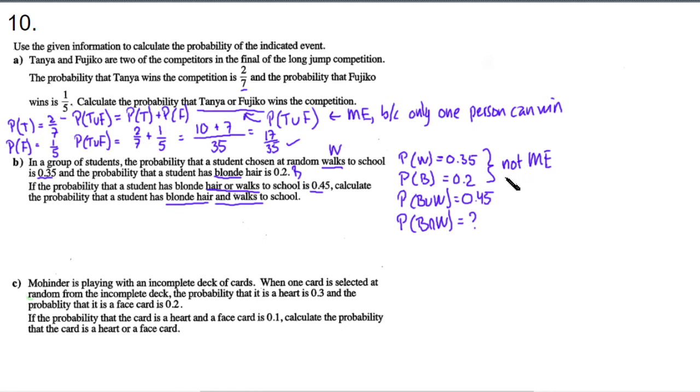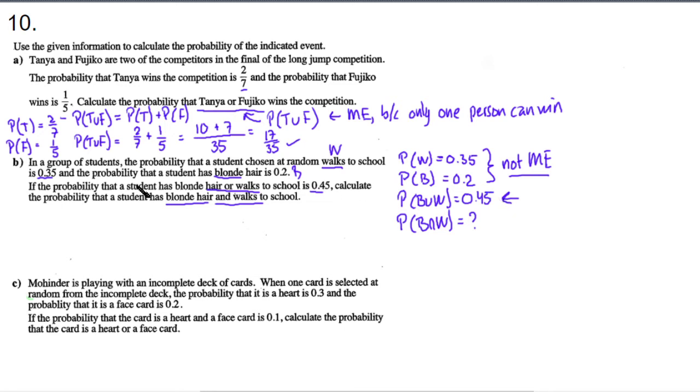The other hint here that these are not mutually exclusive events is that this number here, the probability of blonde hair or walking to school, is not equal to the sum of probability of walking to school and blonde hair. 0.35 plus 0.2 is 0.55, which is not the same as probability of blonde hair or walking to school. So that would be the second indication here that these are not mutually exclusive events. They can both happen at the same time.